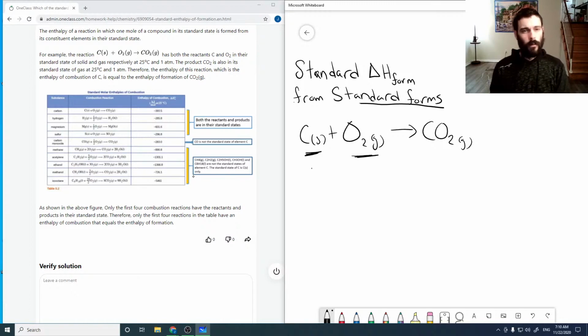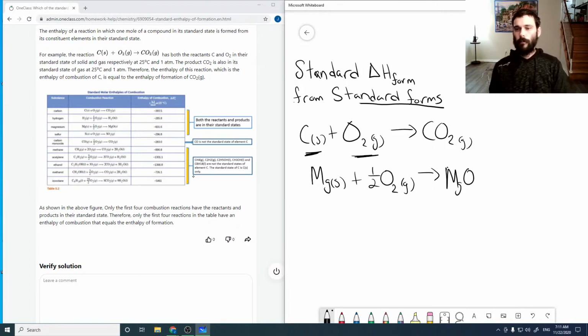Another one is magnesium solid plus 1/2 oxygen goes to, nope, that can't be water, magnesium oxide. So again, this is a delta H formation, as magnesium's in its standard form and oxygen's in its standard form.